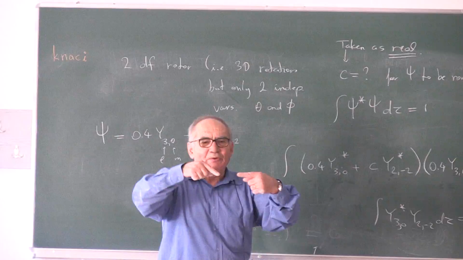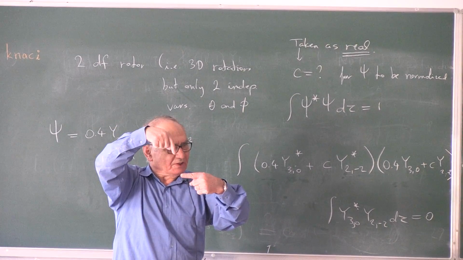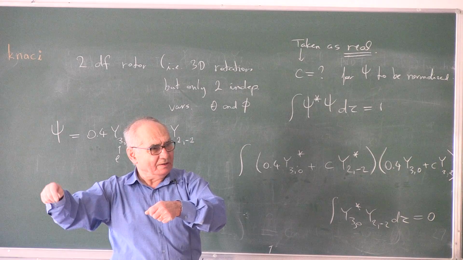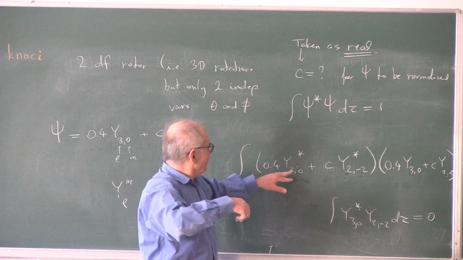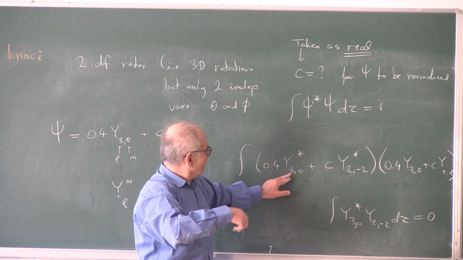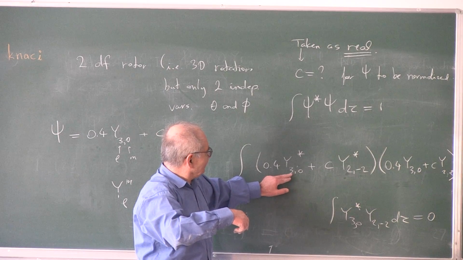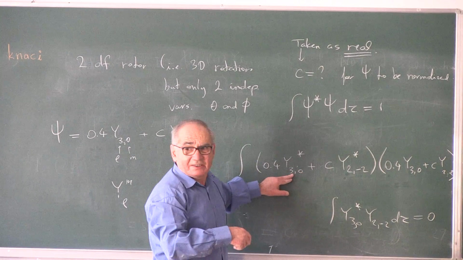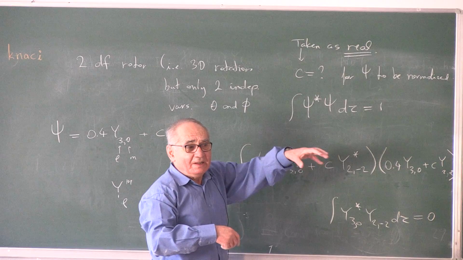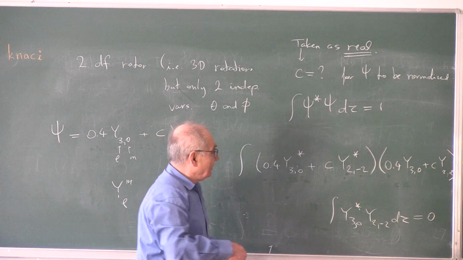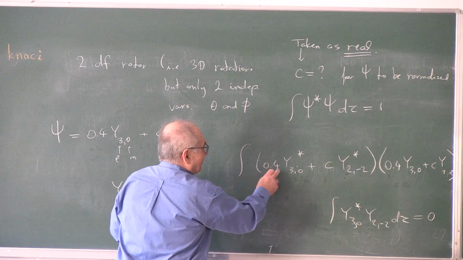Diagonal means row number and column number are the same. Otherwise, it's non-diagonal. So in this case, if the same function is present in the product on the other side with this index 3, 0, only that integral is non-zero. But don't forget the coefficients.